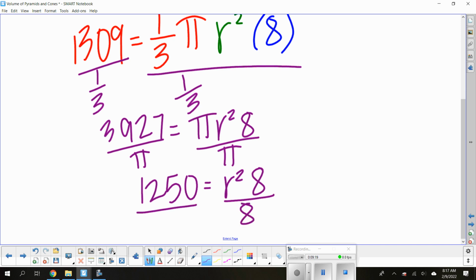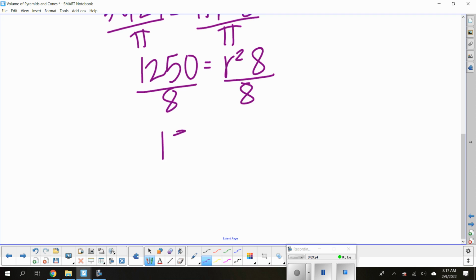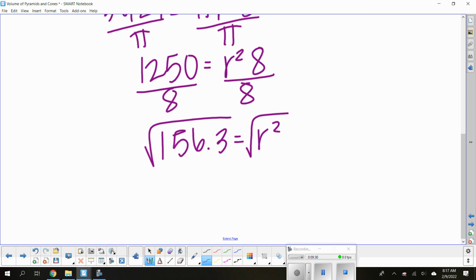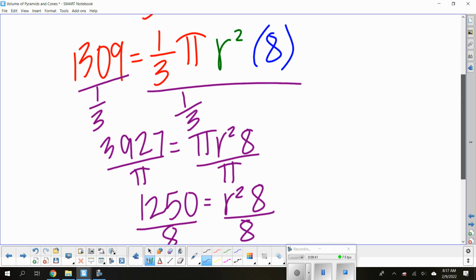Divide by 8. And then 6.3. And then lastly, we take the square root. We get 12.5 for that radius, and the unit is centimeters.